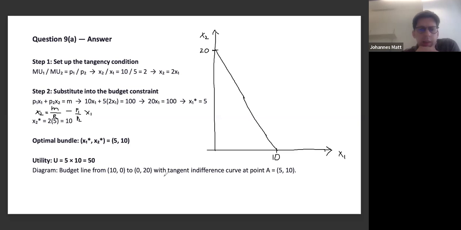Right. Then what about the minus p1 over p2 times x1? Well, that is for all the other combinations where I'm not consuming 0 of one of the two. What is the rate of transformation, i.e. the relative prices at which I can swap steak and vegetables here, right?